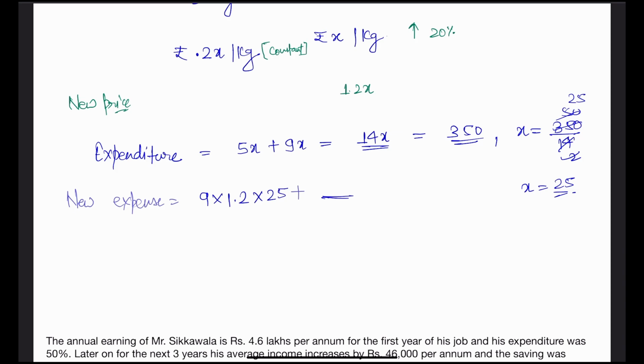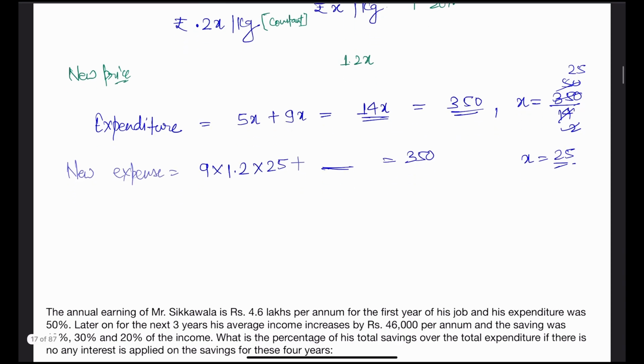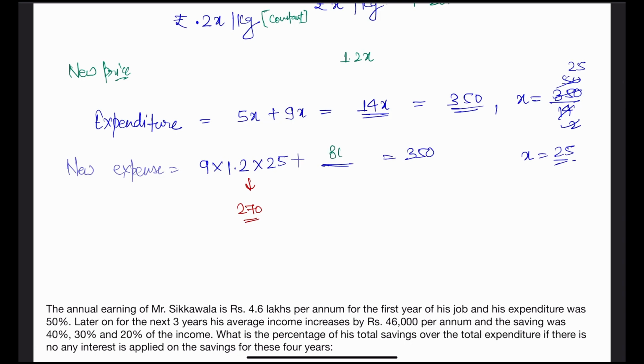So how much we should add to make it 350? First thing is this one. So 25 into 12 will be 25 into 0.2 is 50. Then 1 point is 5, so 25 30 into 9 270. So if this one is 270, so how much should be here? Here should be 80 rupees.